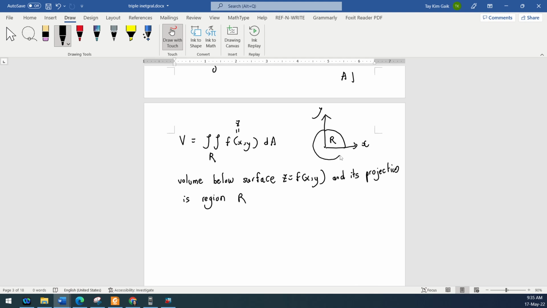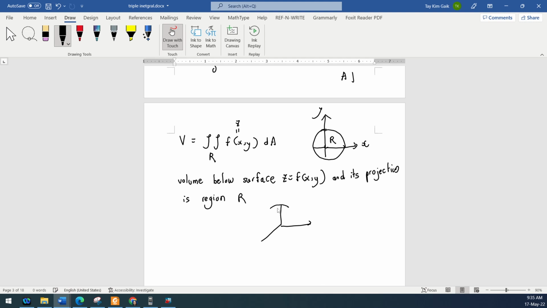Let's say your region R is a unit circle with radius R unit. The volume using a double integral is below the surface z equal to f(x,y), and its projection is on region R.